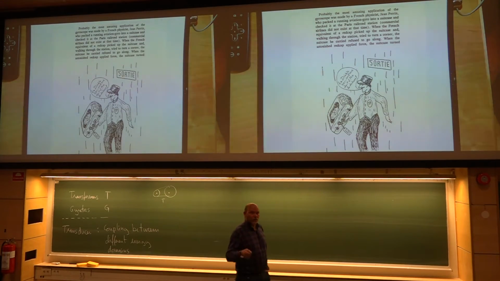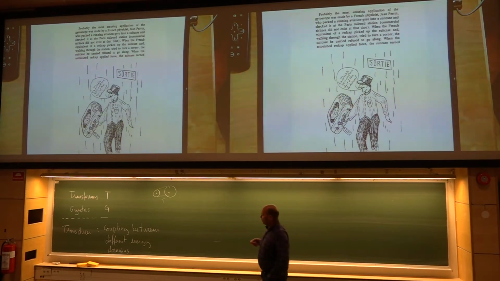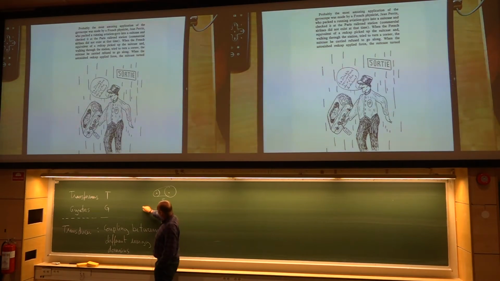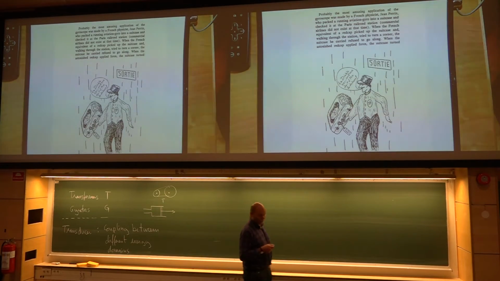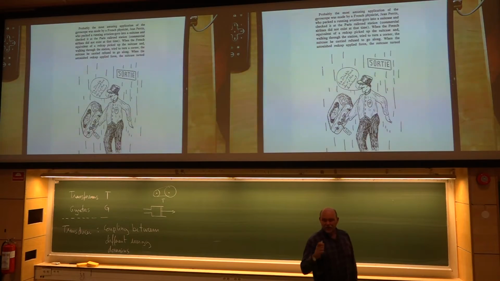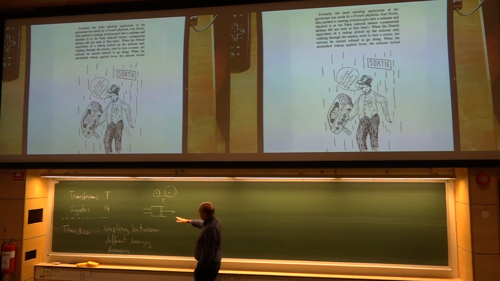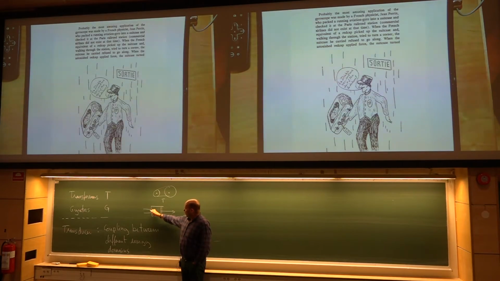The transducer was the second example. Then we went from the fluid domain into mechanical back and forth motion, translatoric motion. That's a transducer. So the T here is actually a coupling between the fluid domain and the mechanical domain.